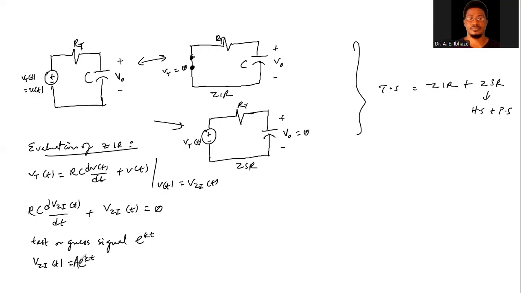In this case, A and K are some arbitrary constants of the zero input response.